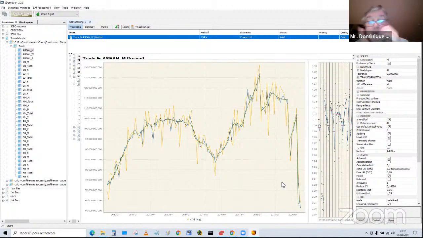But do not forget that the COVID crisis is a very, very special time. No software can understand what's going on because it's a very special event. Statistics is based on the past, and we never saw this kind of event, so you cannot deal very well with it.